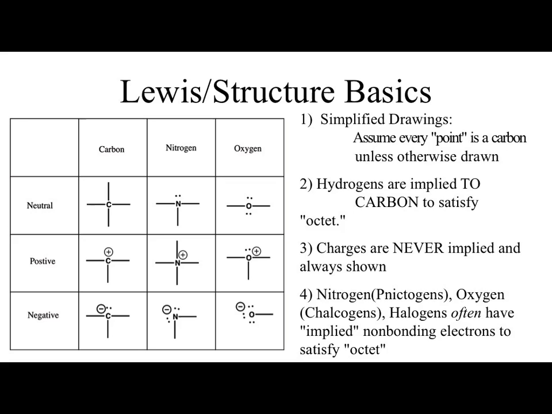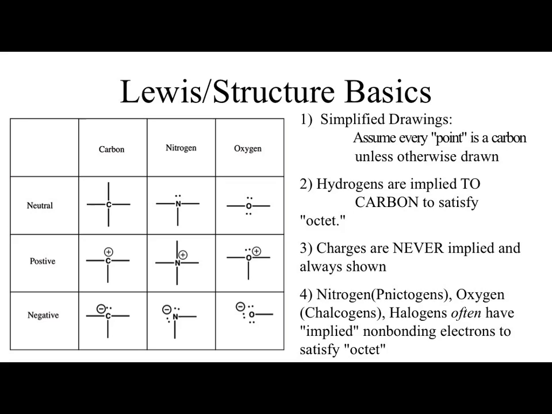There are some other pieces that you were supposed to pick up from doing all the Lewis structure practice from that chapter. Number 1, we simplify our drawings. Every point within a structure is technically a carbon atom unless we specify otherwise. We'll almost always imply hydrogens, and they will only be implied when attached to carbons. Every other circumstance, we have to show those hydrogens. So you'll always see OHs or NHs.